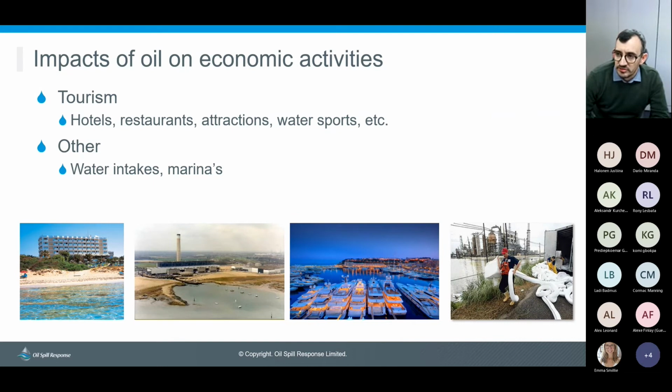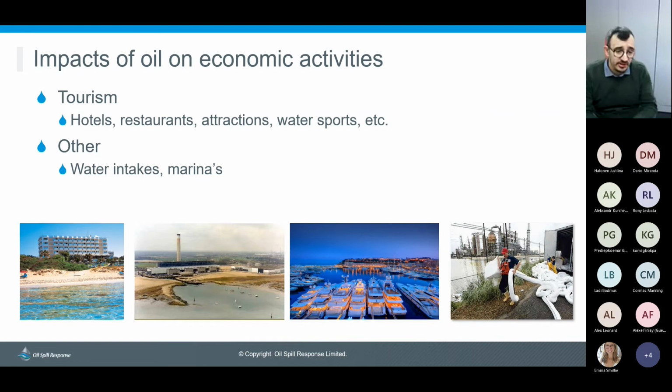It's also worth considering that once a shoreline is clean, normal activity can resume, although media attention may have caused damage to the local image by denting consumer confidence in the area. Beyond tourism, we also need to consider industry, with seawater widely used in a broad range of industries as a coolant for thermal and nuclear power stations and refineries.